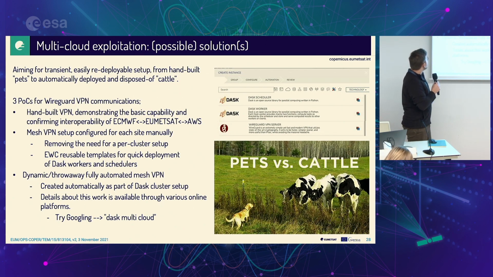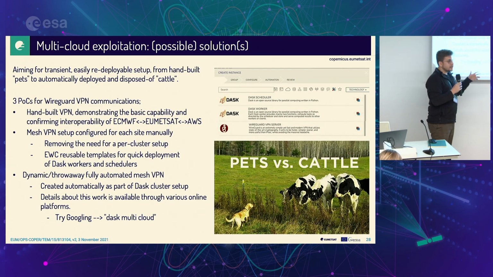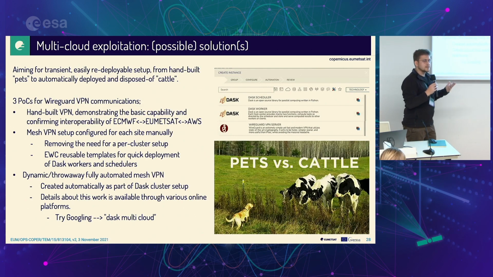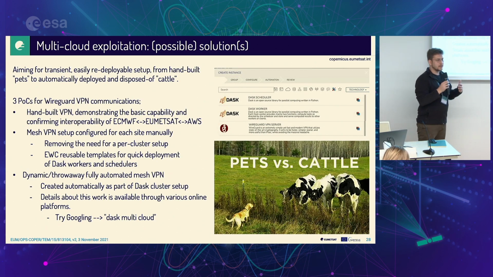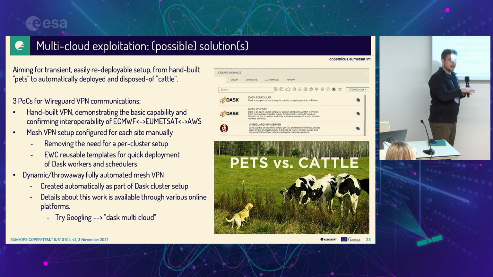In order to do that, we had 3 POCs. We first built a VPN, hand-built, it's a pet, to demonstrate that this interoperability between AWS, EUMETSAT, and ECMWF cloud infrastructure is possible. First of all, we needed to make sure that this is happening. This was one VPN hand-built in every cloud so that it would allow communication.